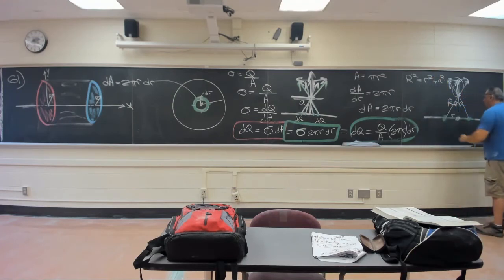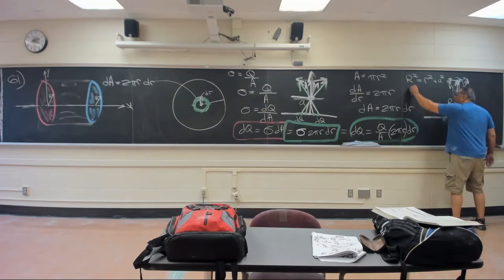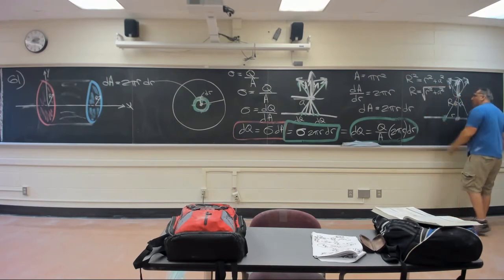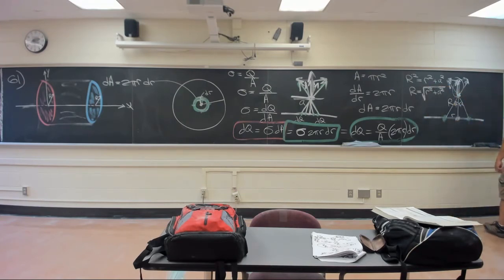This capital R changes. Yeah, so does small r. True. Is it true that if you get the square root of that, r squared plus a squared, square root of that? True.